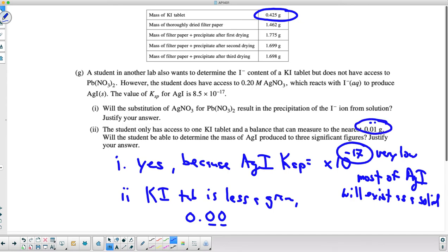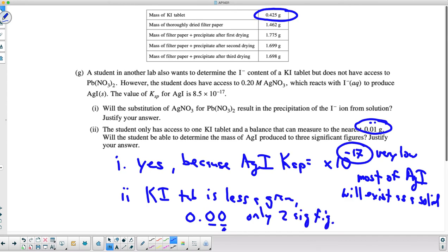The balance is not accurate enough to get more than 2 measured places. So if the KI tablet is less than a gram, you're only going to measure to the second place to the right, which means you will only get 2 sig figs.